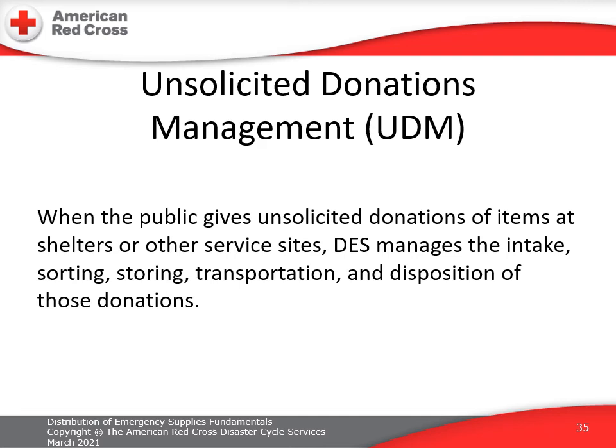In fact, Red Cross, along with many other organizations who support disaster services, sends messaging to the public asking them not to donate these types of goods because the management, sorting, storing, and transportation of these items can drain resources that are needed for urgent needs such as sheltering, bedding, and distribution of emergency supplies.